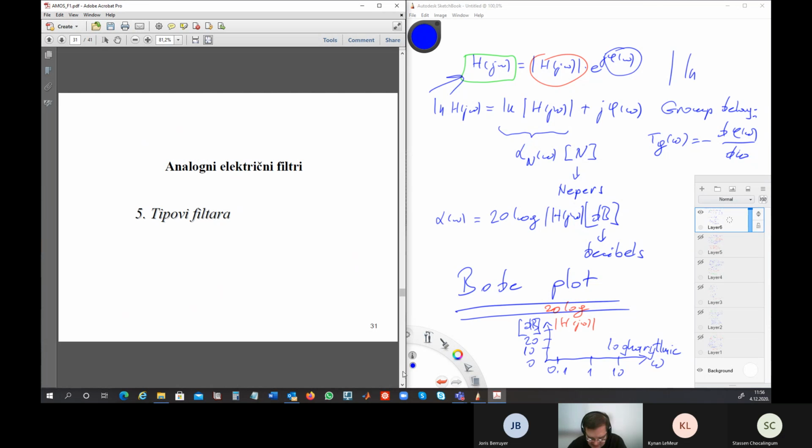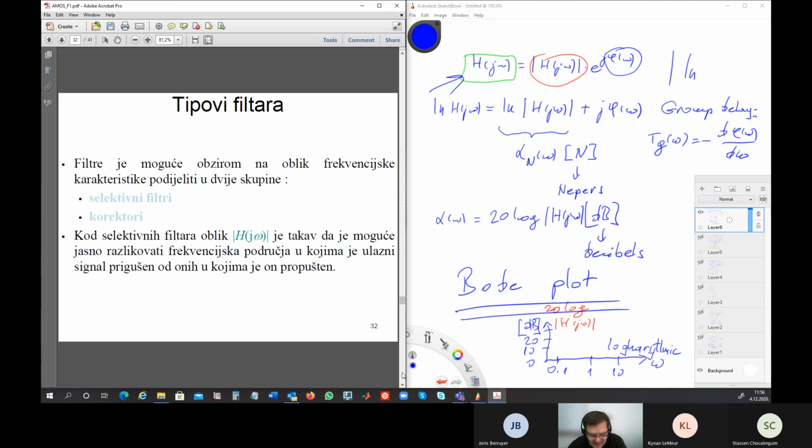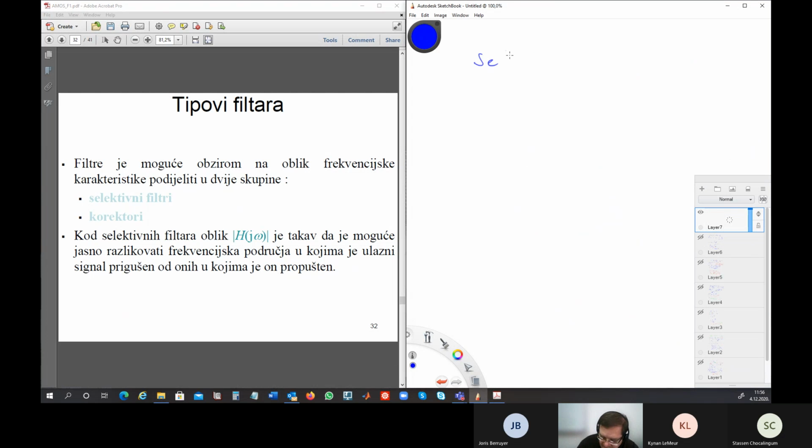Okay, we continue with filter types. There are two basic filter types: selective filters and correctors. We will learn everything about selective filters, not too much about correctors. We'll just mention them. So what is the difference?